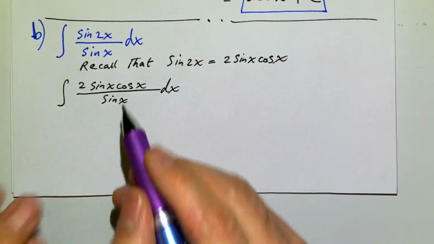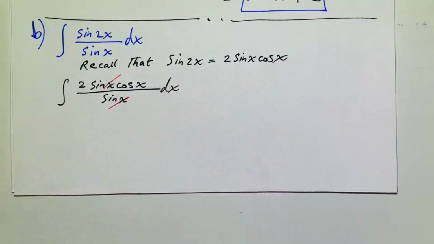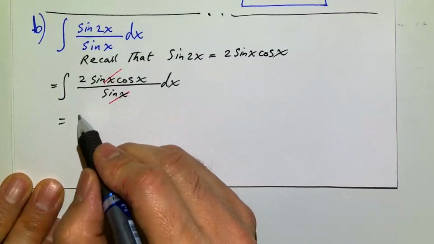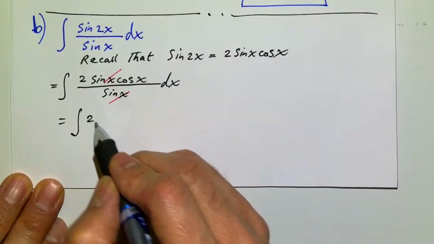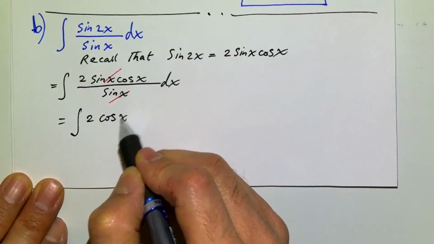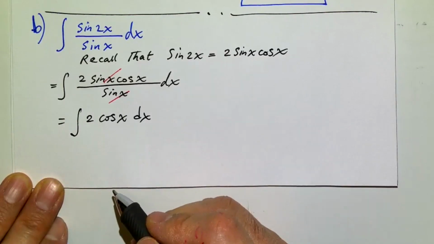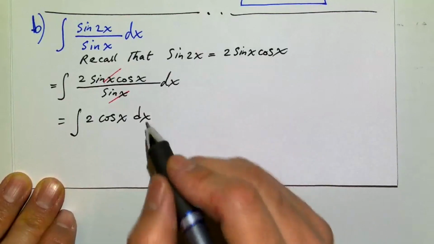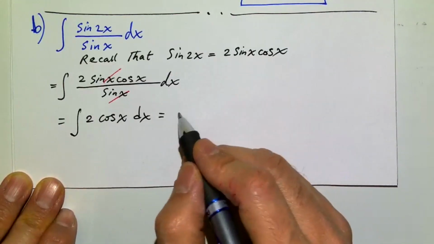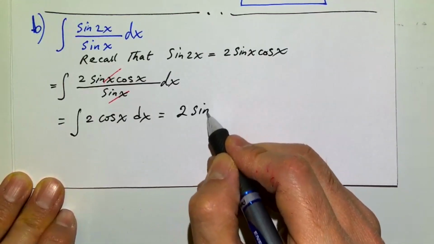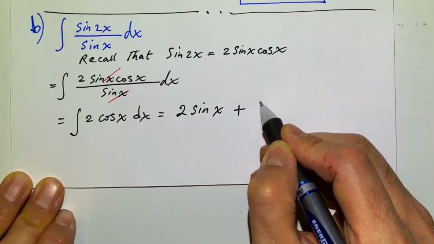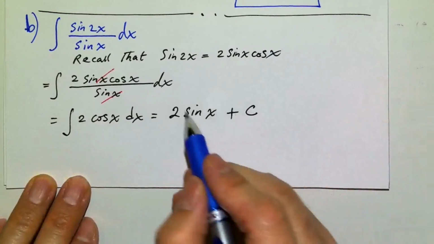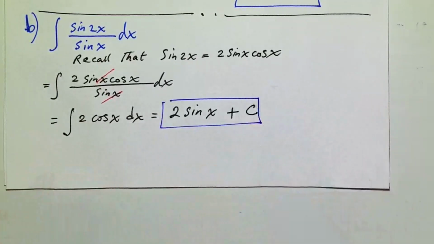Of course, the sines cancel out, and we get the integral of 2 cosine of x dx. So we know that the constant can stay just like that. The antiderivative of this is simply 2 sine x plus c. Okay, so that's all there is to it.